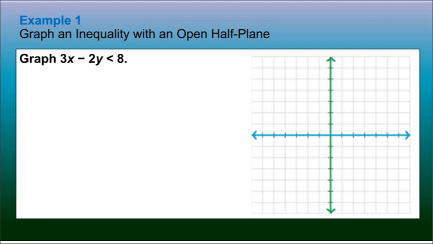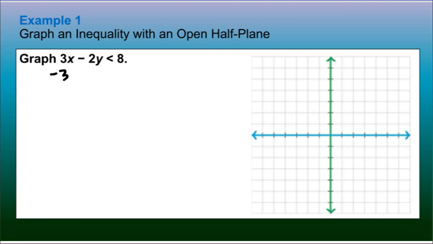One of the easier ways is to graph the intercepts, but that's if you can find the intercepts with just integers. Here I can't, because I can't divide 3 and 8 evenly. So I'm going to solve this into y equals mx plus b and then graph that line.